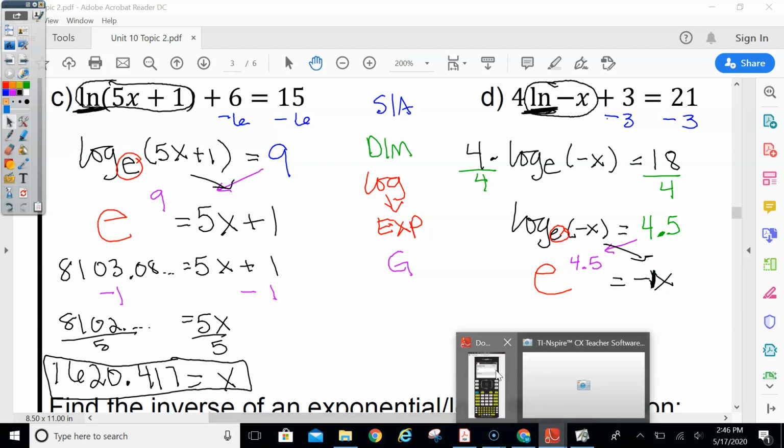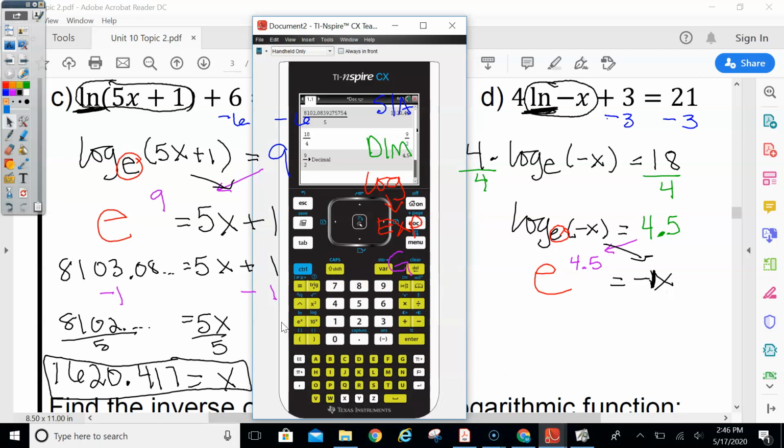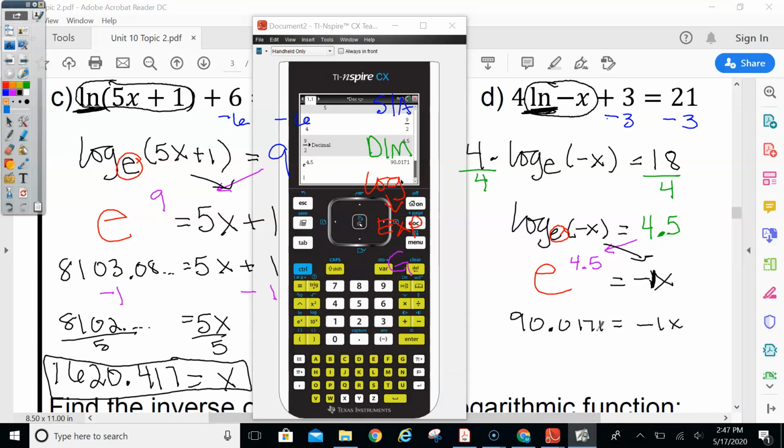So here, we just go e to the 4.5. Oh, this gives me more decimals. Okay. So then we get 90.0171 equals negative 1x. And it's still not that answer. There's still more decimals. It's just rounding it to 4.